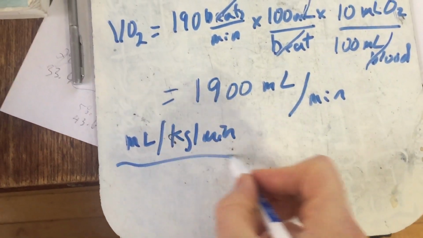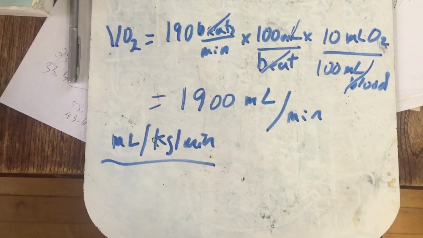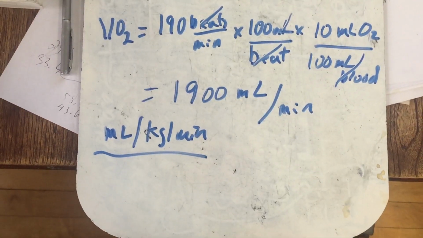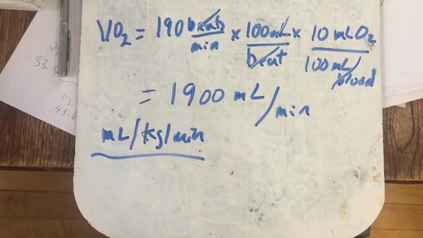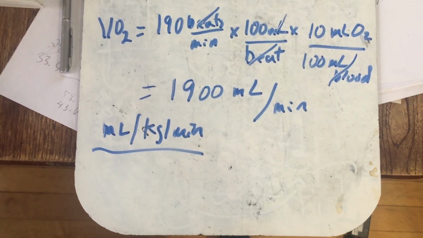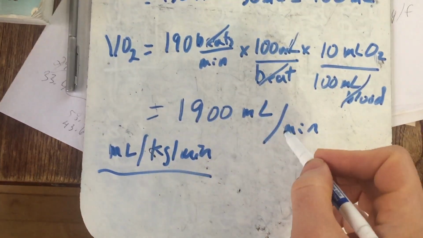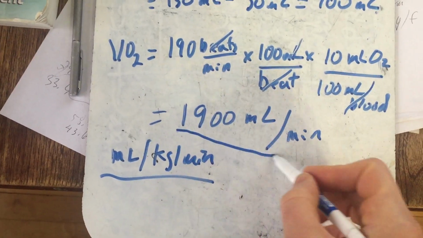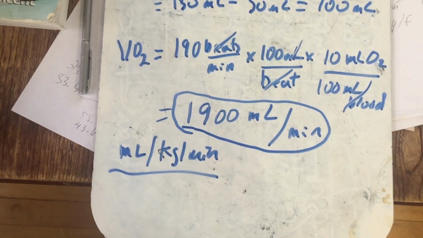A trained male would have a maximum VO2, say above 50, that's for a young trained male. Whereas for a trained female, the cutoff is probably about 45. I haven't given you the kilograms for the person. I've just given you the absolute VO2 rather than the VO2 relative to kilograms.